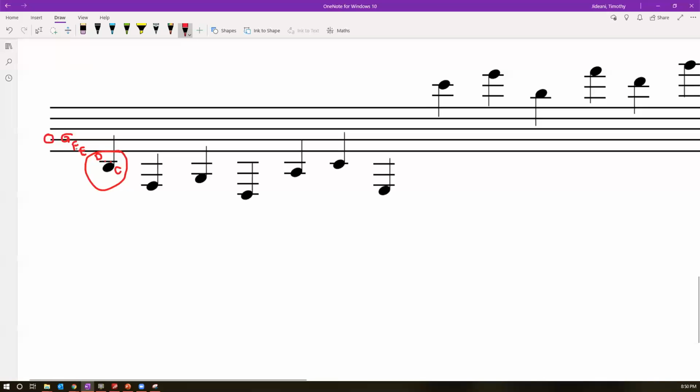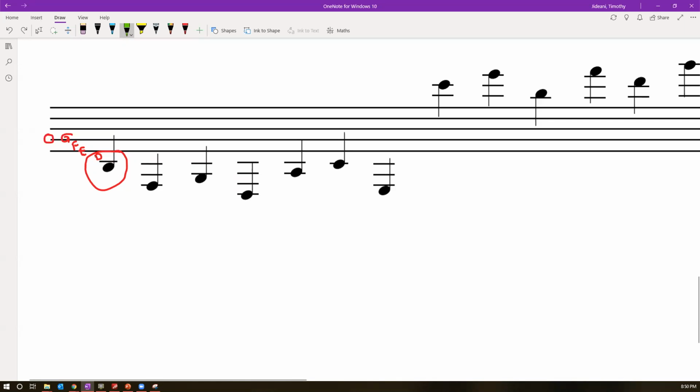So as you go to the next step, the letters either decrease or increase. If you're going down, you're decreasing. So it's G F E D, and then C here, and that would be B. So this note is B. This E is on the line.